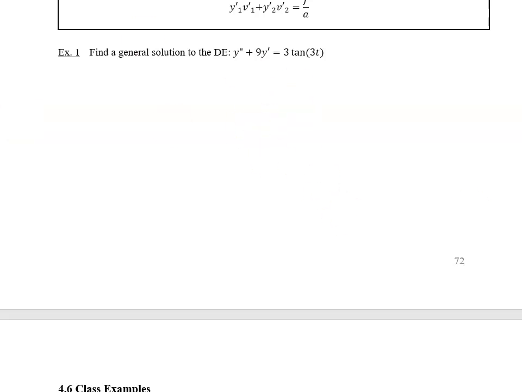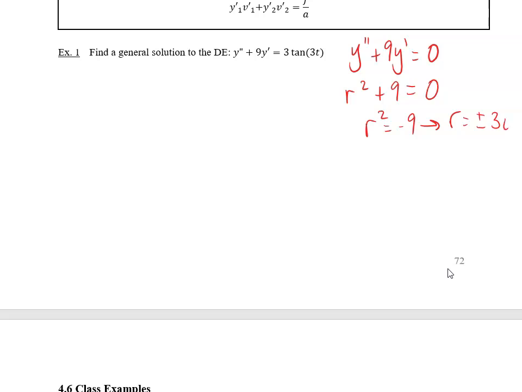So let's start by looking at the homogeneous equation that goes with this differential equation. So we have y double prime plus 9y equals 0. And the characteristic equation, of course, is r squared plus 9 equals 0, r squared equals negative 9, so r equals plus or minus 3i.